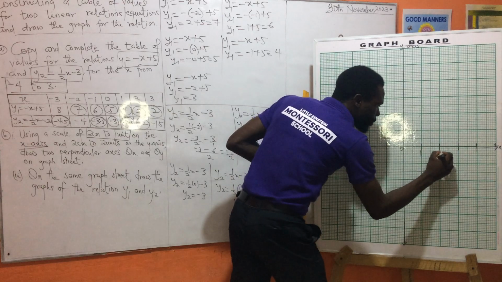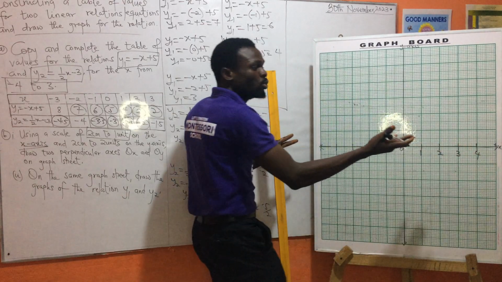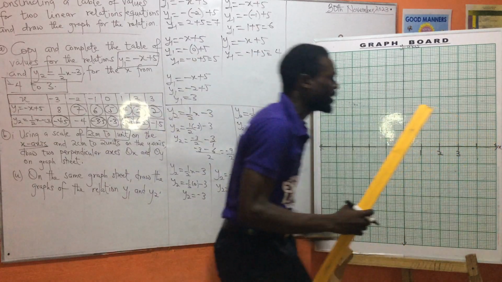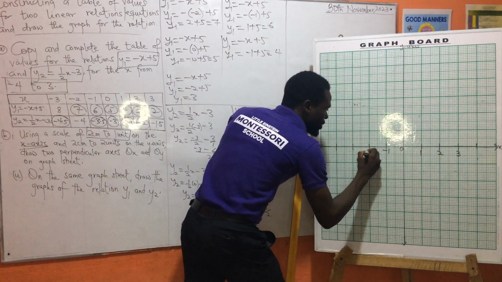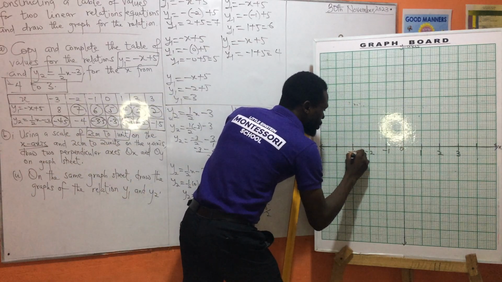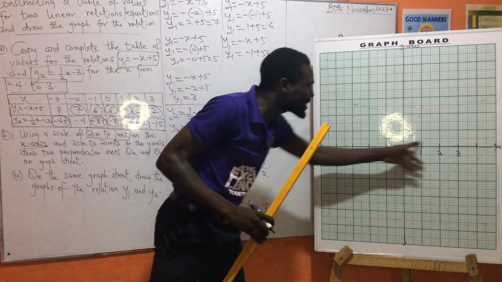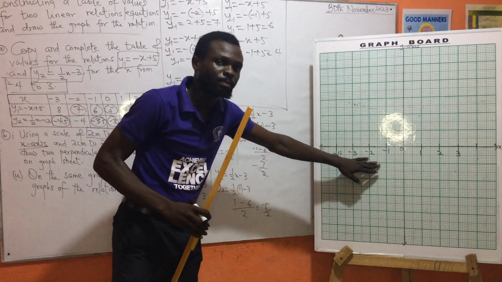So 1, 2, 3, 4. The question said from -4 up to 3, so we can just end it there. Then when you continue the negative side to negative 4: negative 1, negative 2, negative 3, negative 4. So on the x-axis, 2 centimeters to 1 unit, that is what we have there.